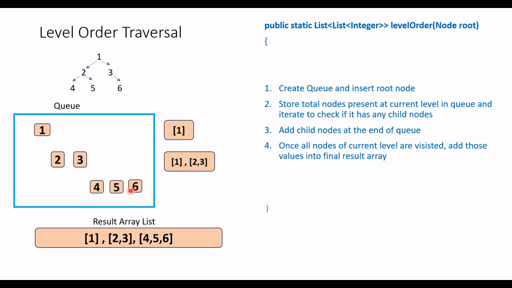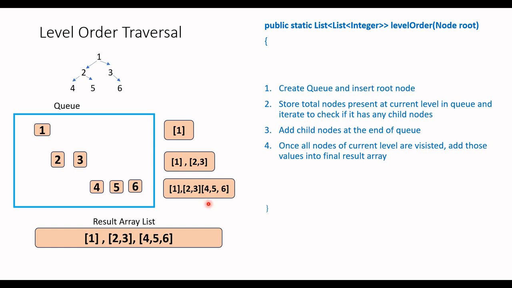So again we need to record the child nodes of these 3 nodes. We iterate and realize that there are no further child nodes for any of the current level nodes, which is the third level. Since there are no child nodes, we can update our result array list, and we obtain the specific result that we were expecting.